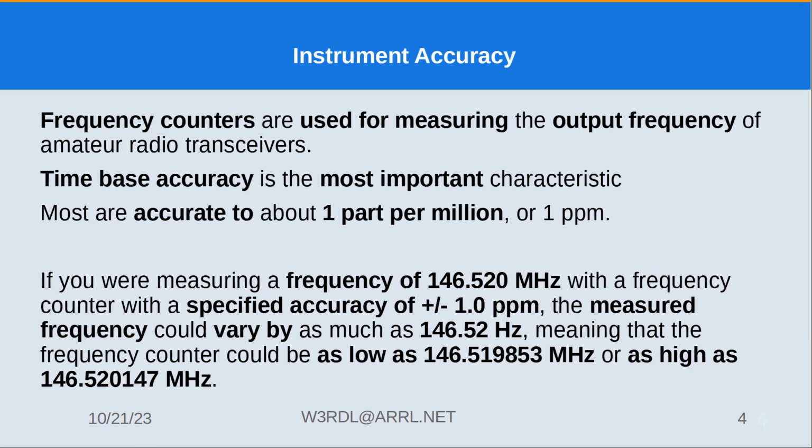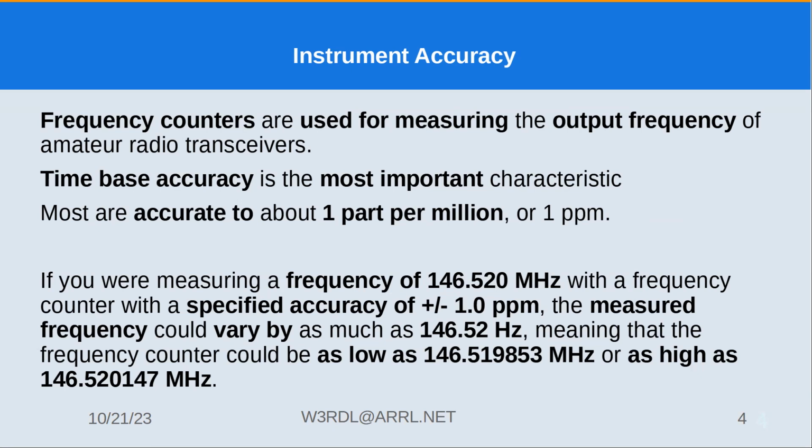Okay, so we use frequency counters to measure output frequency on transceivers and other things. The time-based accuracy is the most important part, usually in parts per million. They claim some of them are accurate to 1 part per million, which would be 1 hertz per megahertz, right?